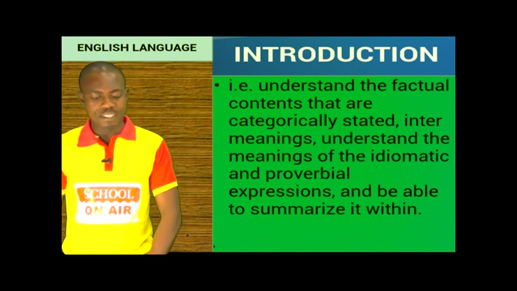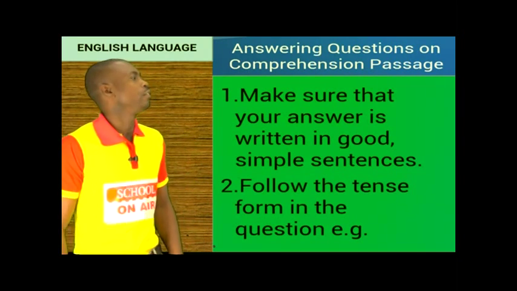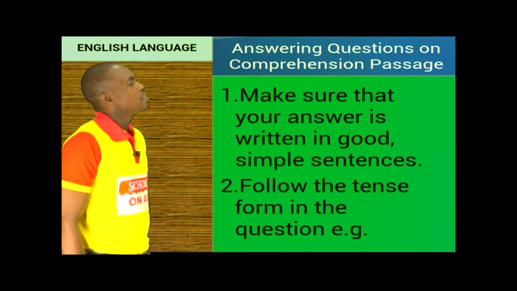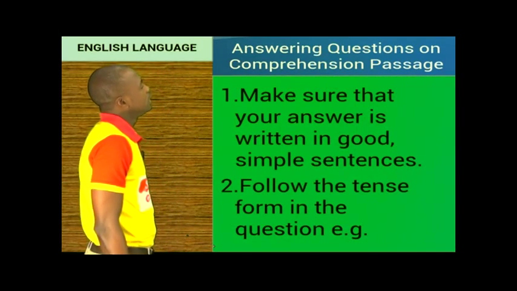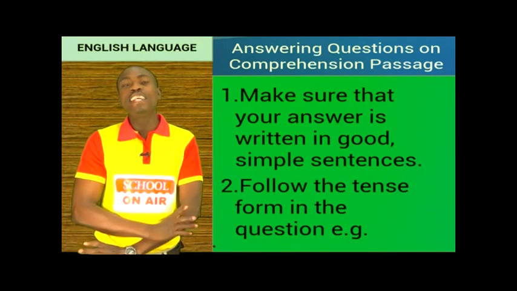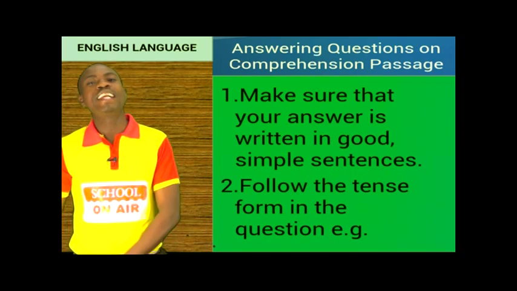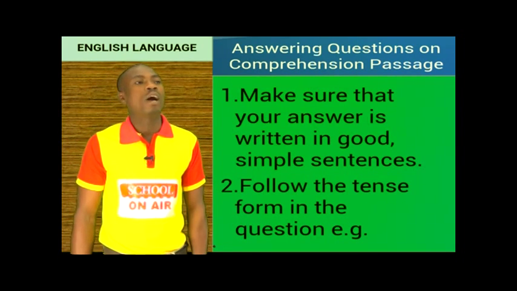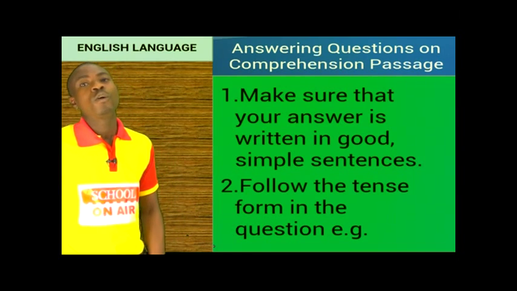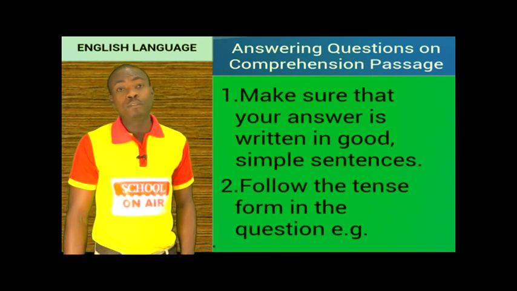This is getting it at all levels. To answer questions on any reading comprehension passage, these are the things any reader of any category can do to be successful while answering questions on any given passage.